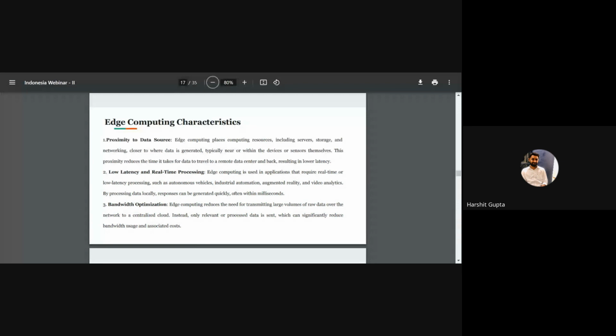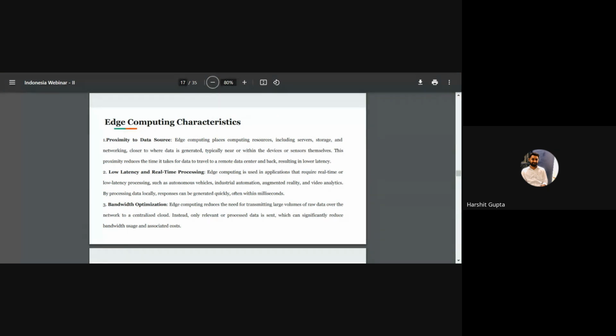But if we want to reduce it, we can perform some smaller computation on the edge devices before sending the data to a cloud server, and then send the data to the cloud server for the remaining operations.